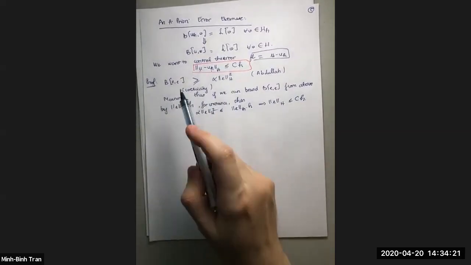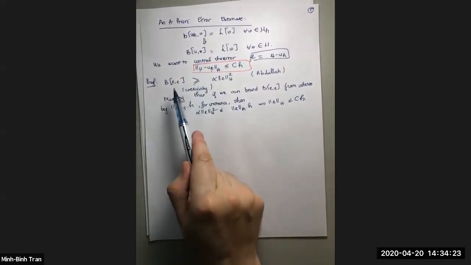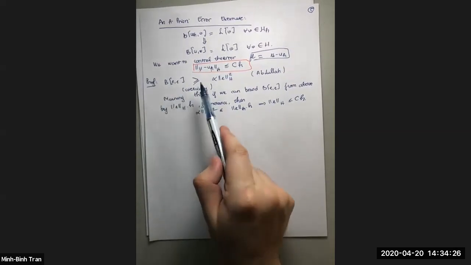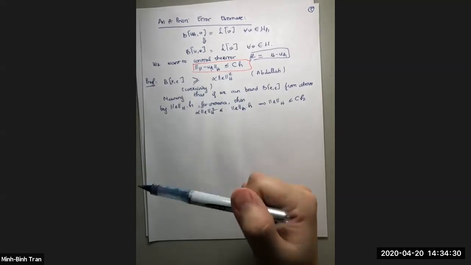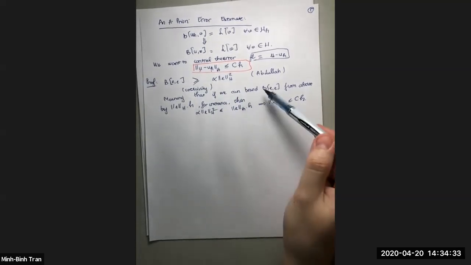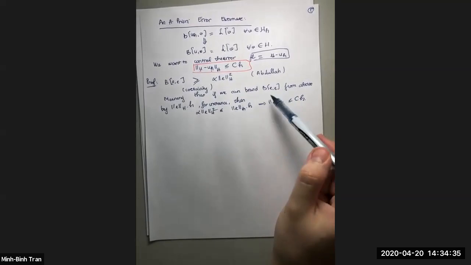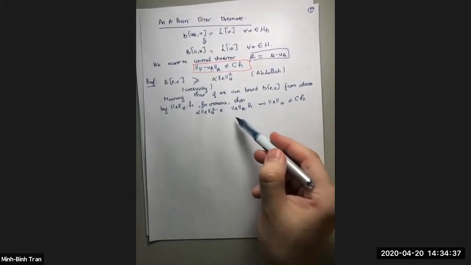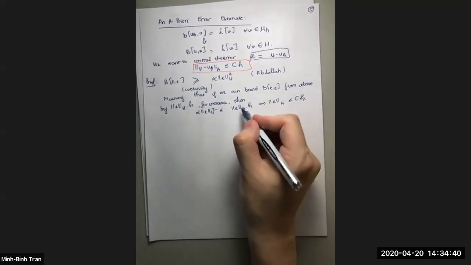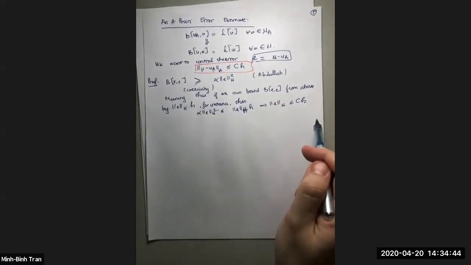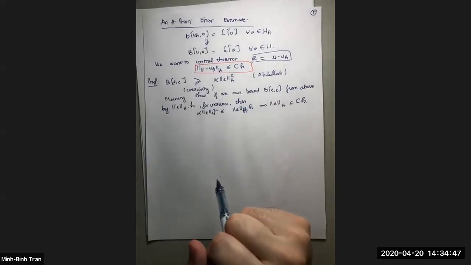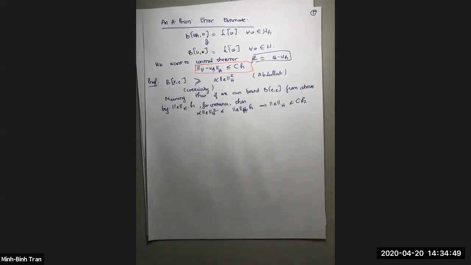So according to Abdullah, this B is a bilinear form, meaning that BE is bigger than or equal to alpha E square, right? So this means that if you can bound BE from above by, for instance, E times small h, then you deduce that E is smaller than constant times h, and this is the a priori error estimate that we can have. All right.